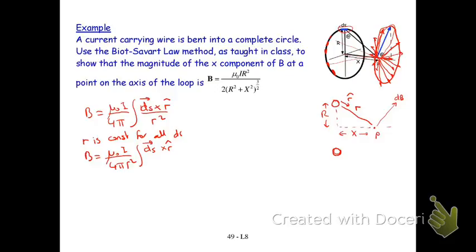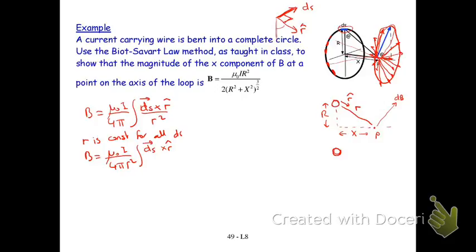If I look at this top bit, my ds is in that direction, and my r hat is still at 90 degrees to ds. It's not that this is vertical and that's horizontal. This is horizontal and this is at some angle, but the angle between the ds and the r hat is still 90 degrees. It just swung out. Rather than pointing towards the middle of the circle, I'm pointing further down the line.